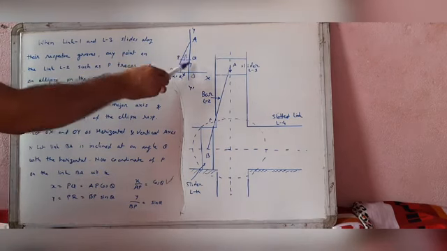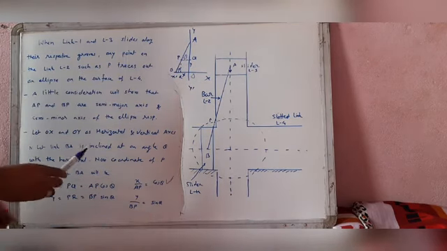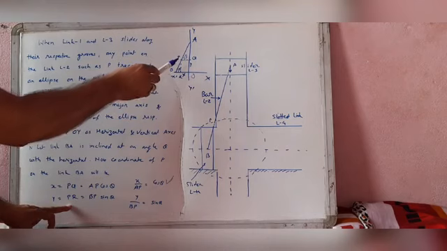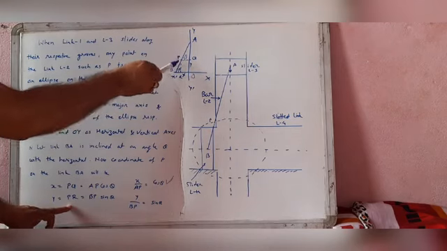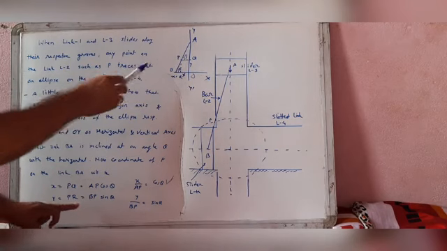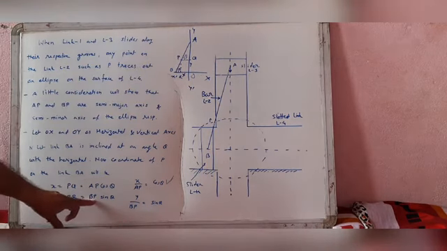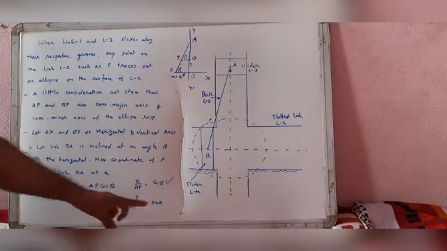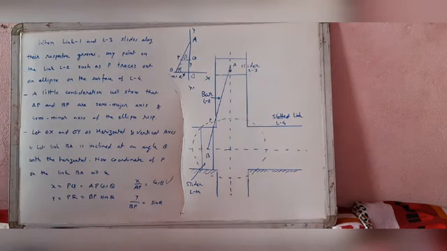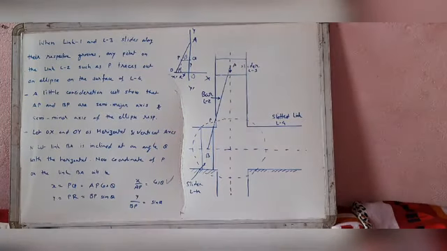Similarly y is equal to PR, this vertical distance. In this small triangle, PR can be replaced by BP sin theta, so y by BP equals sin theta.